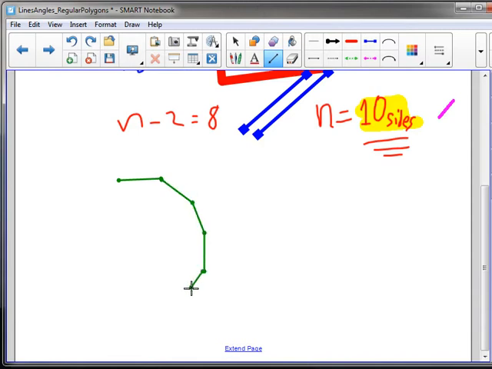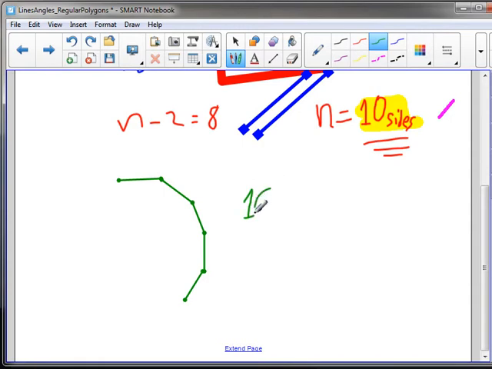I'm not going to draw the whole thing, but there's 10 sides, so there's 10 interior angles, one for each vertex, one for each side, and they all add up to 1440. Well then I suppose each interior angle must be 144. Nice work.